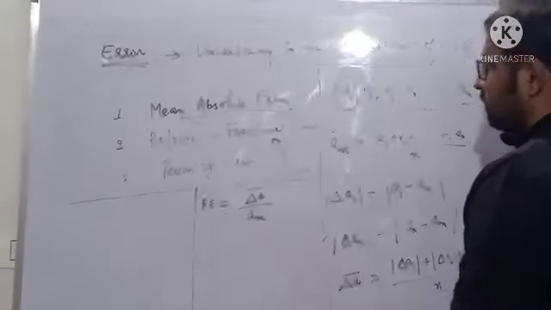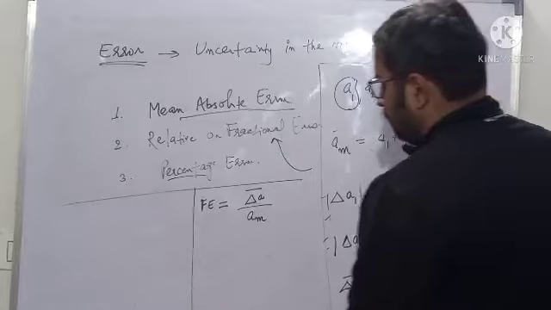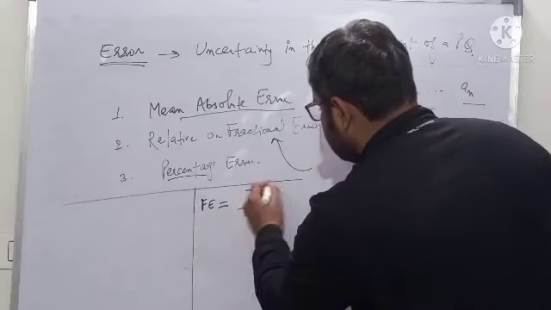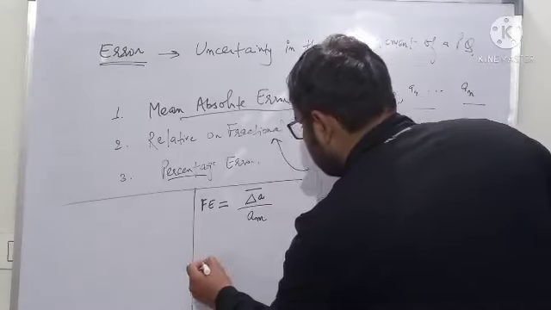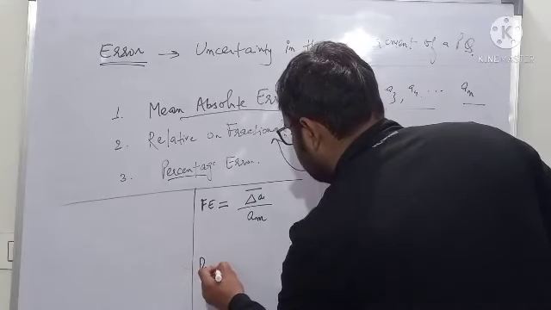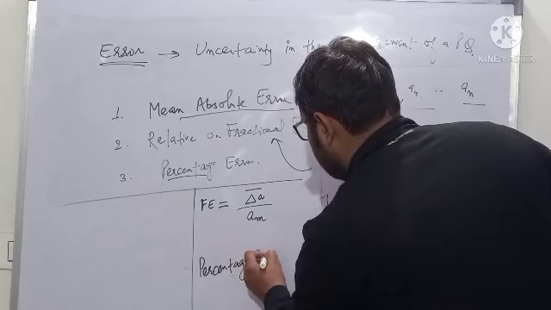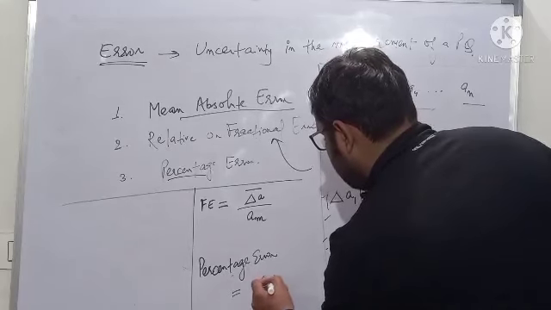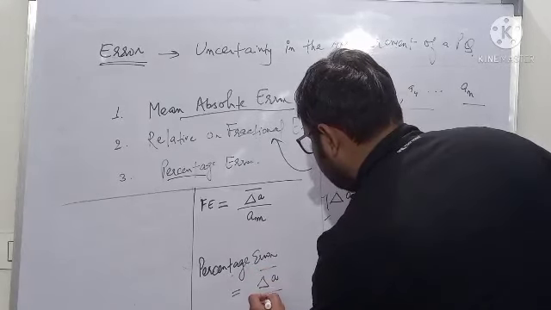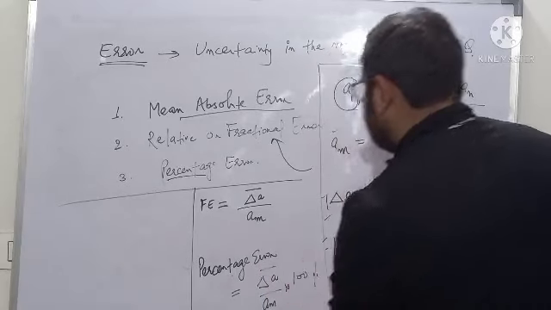Now comes the term of percentage error. Percentage error is nothing but just the percentage of this fractional error. So percentage error will be equal to delta A bar by A_m into 100%, right?